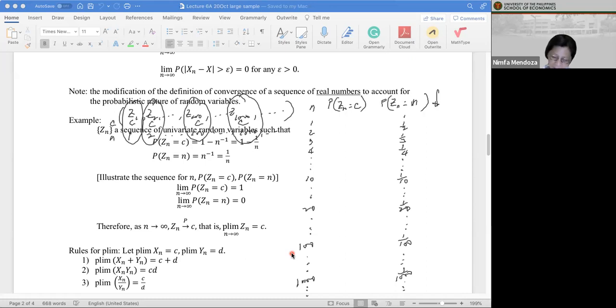While over here, the probability that C sub n is equal to C would be 1/2, 2/3, 3/4, 9/10, 19/20, 99/100, so on to 999/1000. So note that you have this.